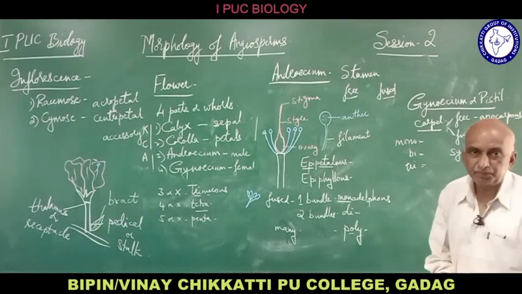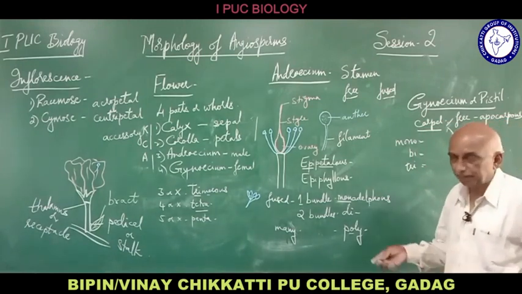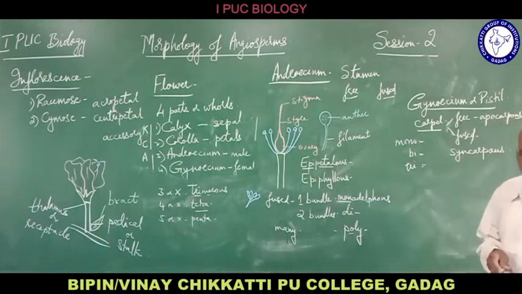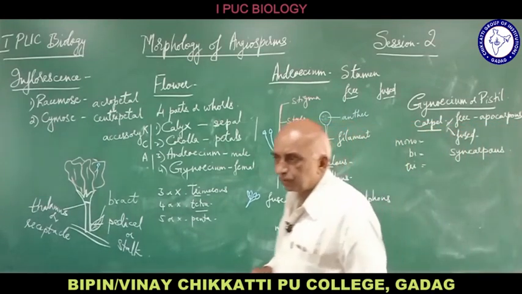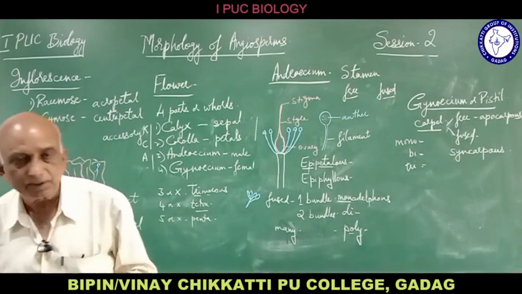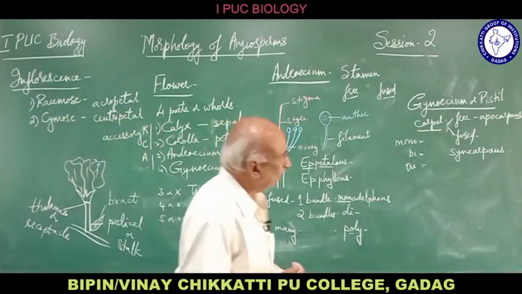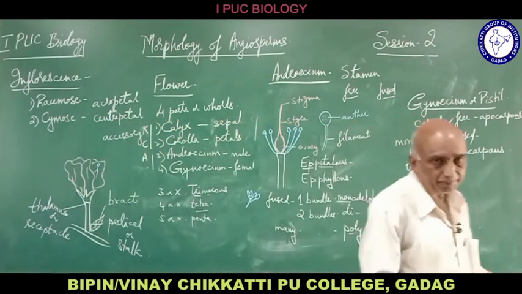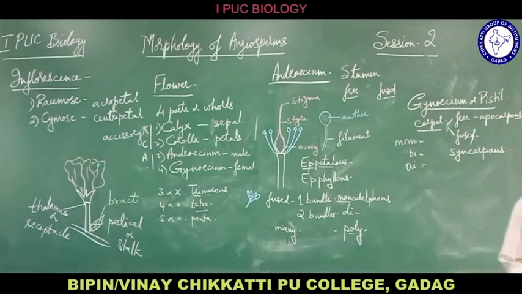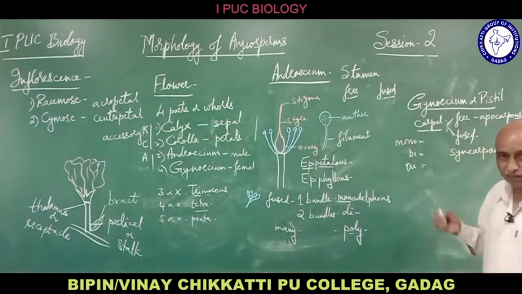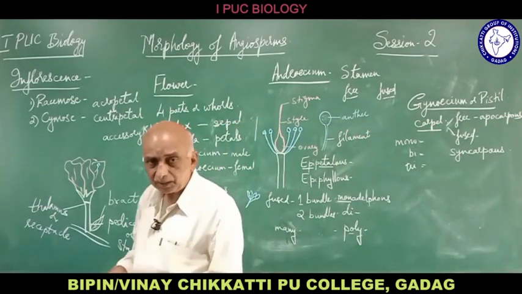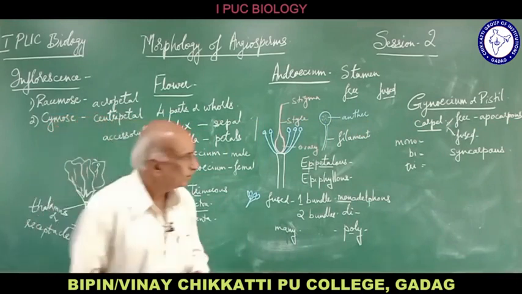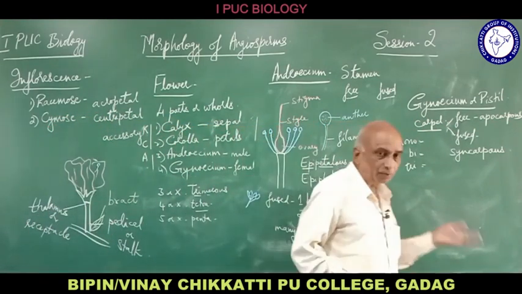Syncarpous is a gynoecium which has fused carpels, whatever the number of carpels. In the case of monocarpellary, there is no question of apocarpous or syncarpous, because that single carpel itself is free. So we do not mention whether it is apocarpous or syncarpous. The question arises when there are two carpels, three carpels or even more.